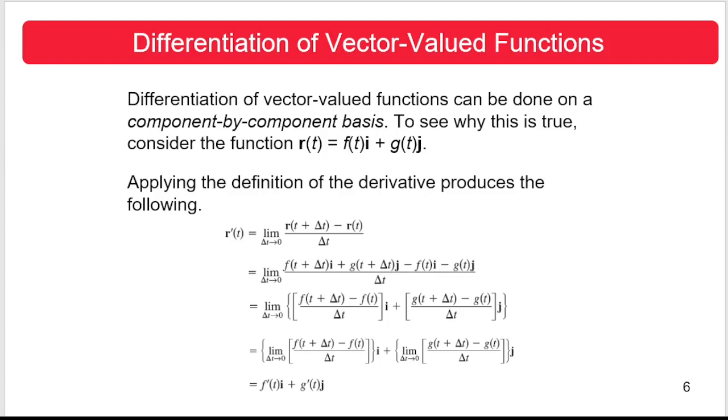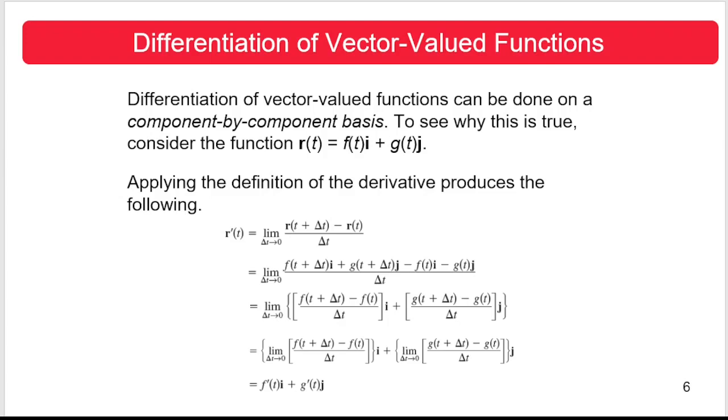So this can be written as f of t plus delta t times i plus g of t plus delta t times j, minus r of t, where r of t is f of t i plus g of t j, all over delta t as delta t approaches 0.